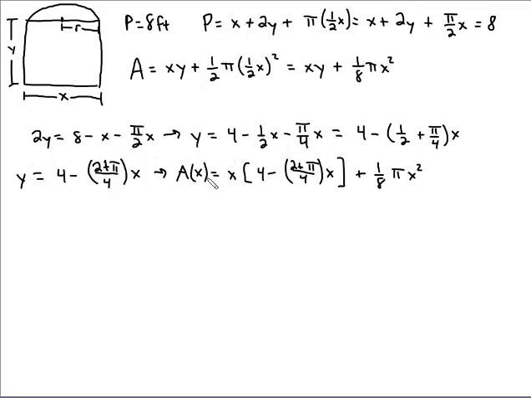Okay, so this is the equation that we need to find the derivative for, but before we do that, let's go ahead and distribute that x. So we'll get 4x minus 2 plus pi over 4 x squared plus 1/8 pi x squared.